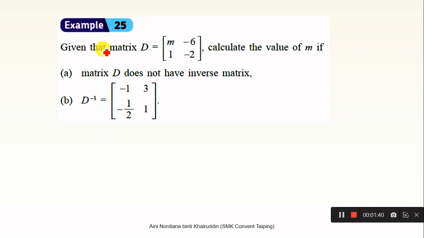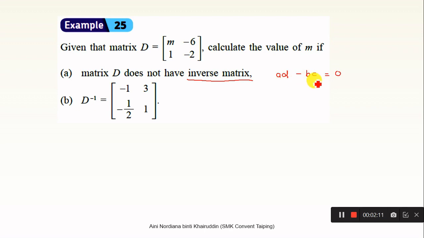Given that this is matrix D, calculate the value of M if matrix D does not have an inverse matrix. Remember just now, if the matrix does not have an inverse matrix, that means AD minus BC equals 0.